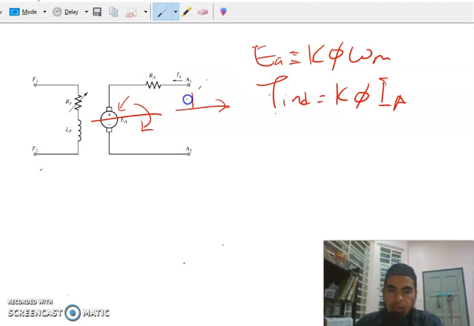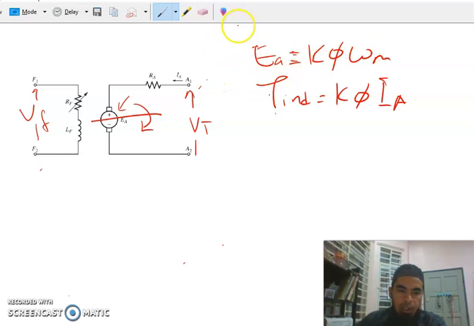Over here is your VT, meanwhile here is your VF, the voltage of the field terminal, and here is the voltage of your armature terminal. When we use these two formulas, we can see that the internal generated voltage is proportional to the flux and also to the rotational speed of the motor.